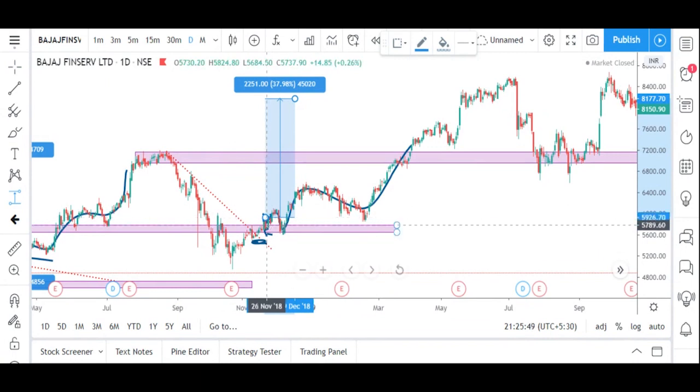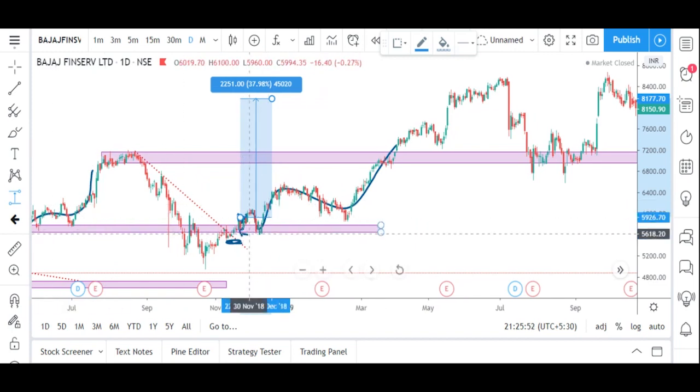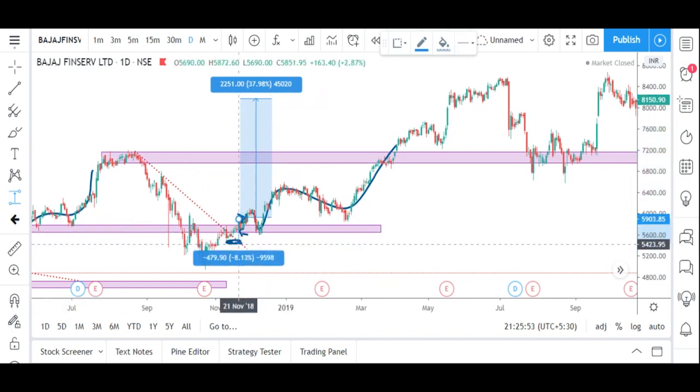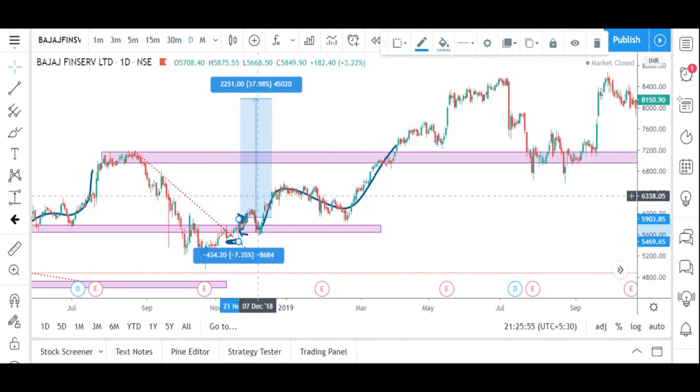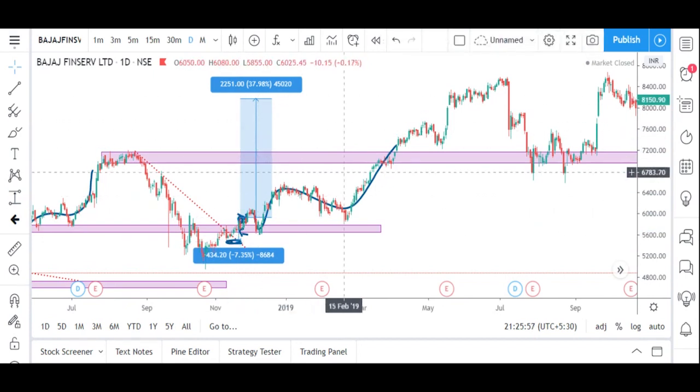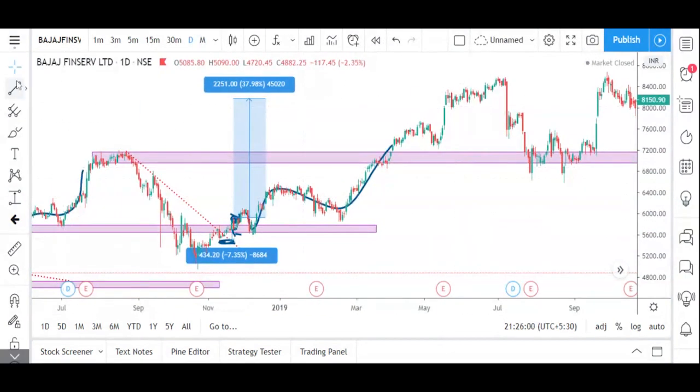The stop loss range is just 7%, and our profit is 37%, guys.